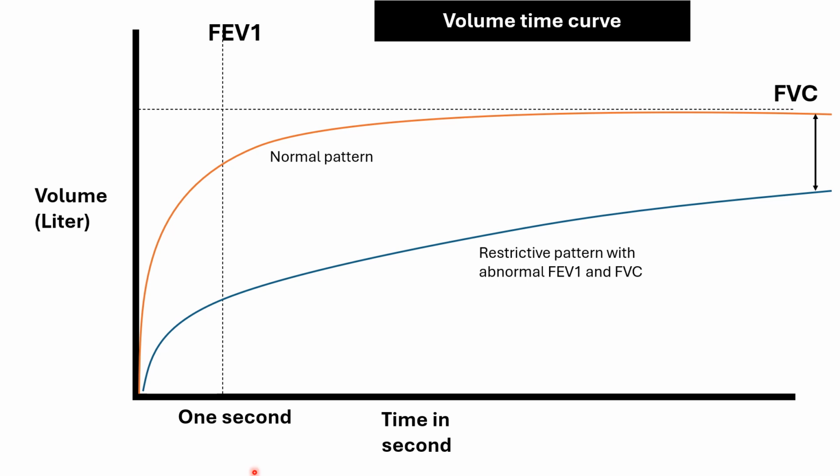Again, to emphasize how the volume time curve looks in case of restrictive lung disease compared to the normal: the normal person is able to exhale the air out of the lung in the first second, about 80%, and at the end exhales everything, with only the residual volume left. And here is called the forced vital capacity, which is normal in a normal person.